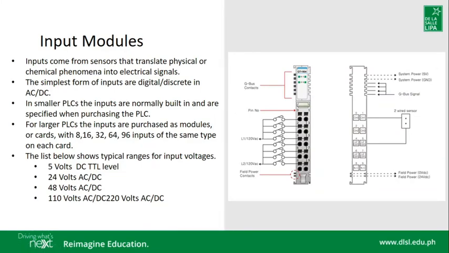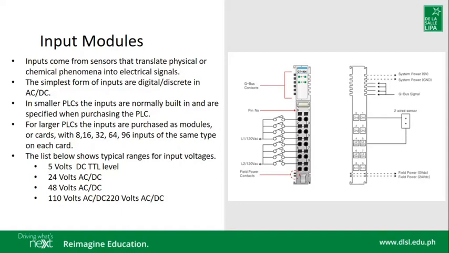Input modules are modules on which inputs come from sensors that translate physical or chemical phenomena into electrical signals. The simplest form of inputs are discrete or digital, which means ones and zeros, in either forms of voltages, whether that would be AC or DC.